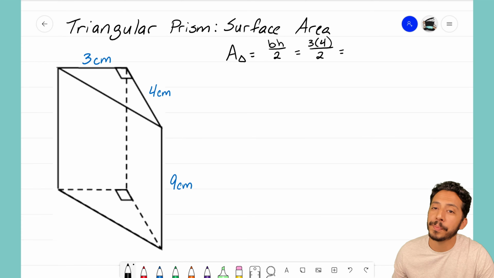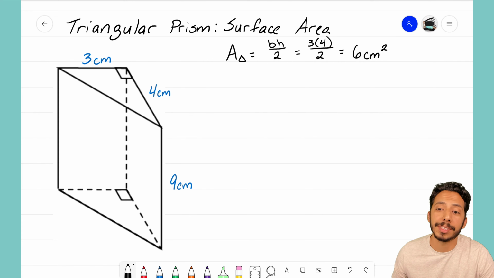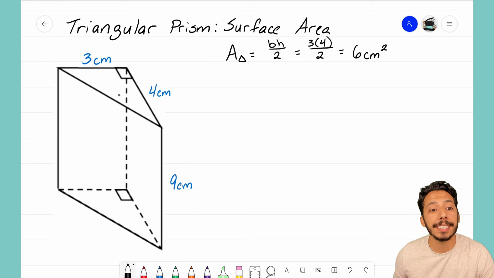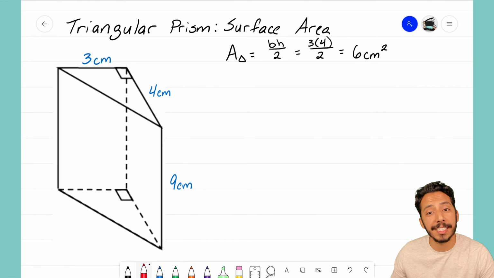Well, 3 times 4 makes 12, and 12 divided by 2 is 6. So the area for one of those triangles is 6 centimeters squared. That is enough for us to understand that the top and the bottom are both 6 square centimeters.